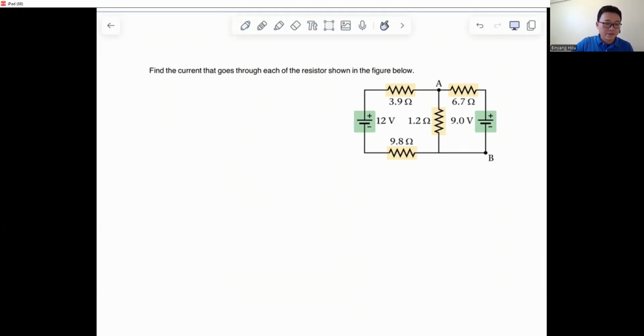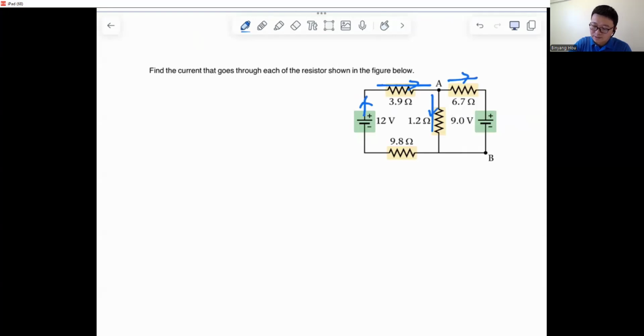Okay, here. So in here, there's one junction. We are looking for the current going through each element. So let's say we have current going out of this left battery, and when it hits point A, it's going to split into two. One current goes through this guy, and one current goes through that guy.